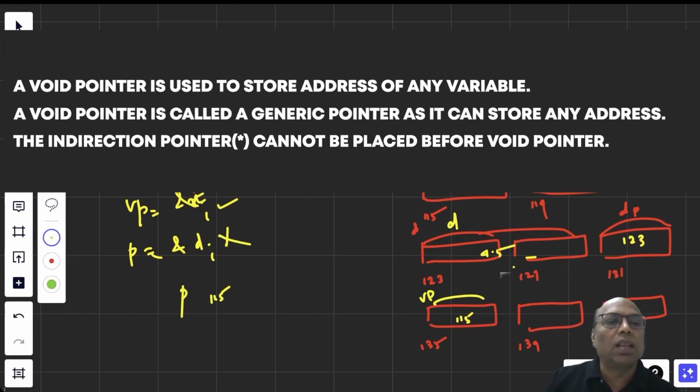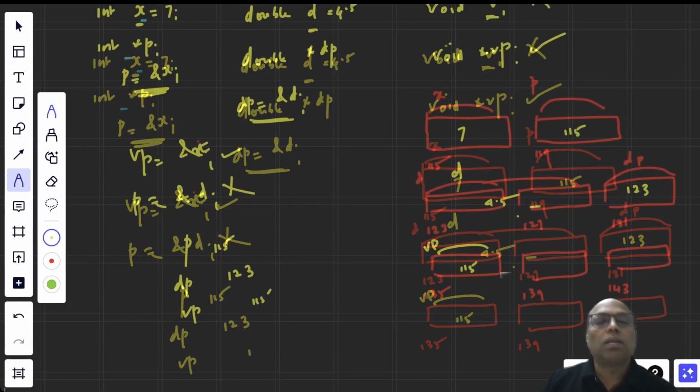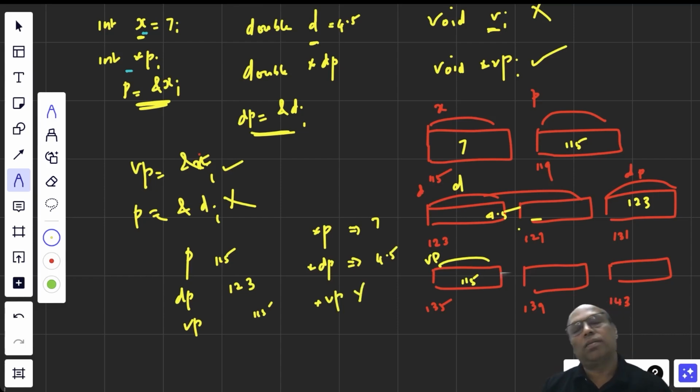If I print DP, I get 123. If I print VP, I get 115. Now if I say *P, the output is 7. If I say *DP, the output is 4.5. But if I say *VP, I get an error.